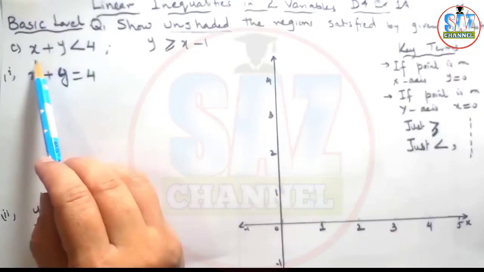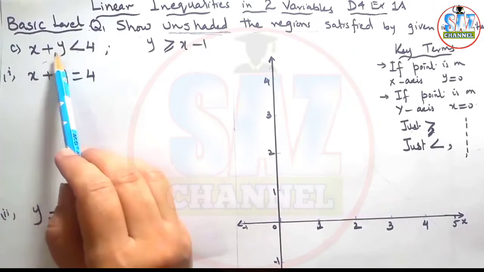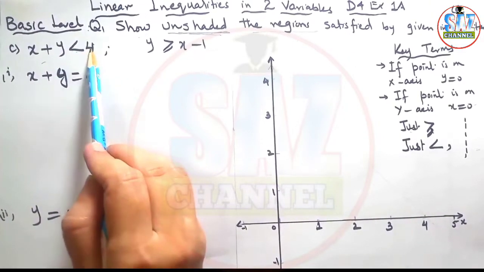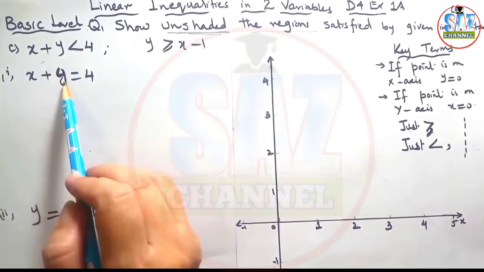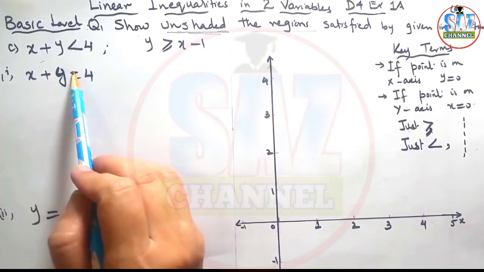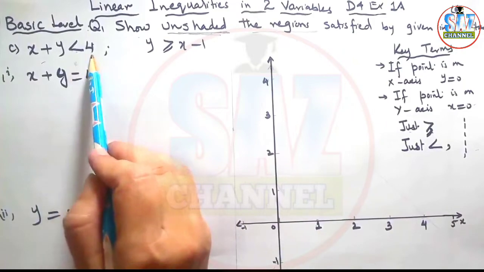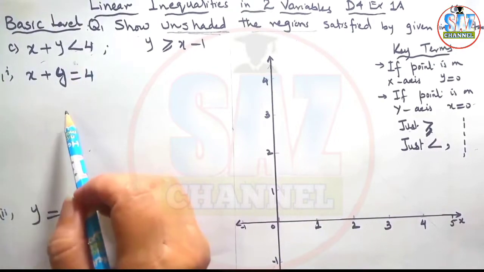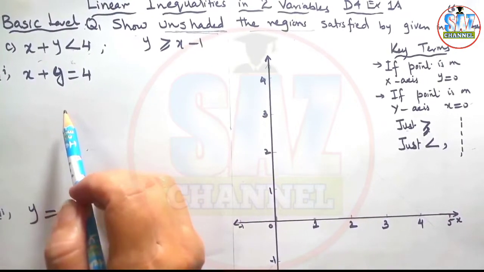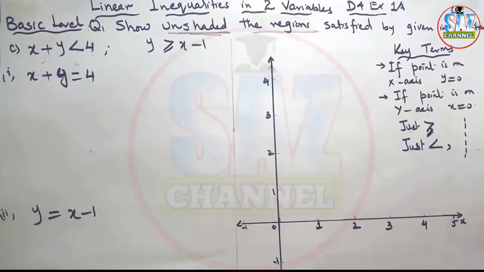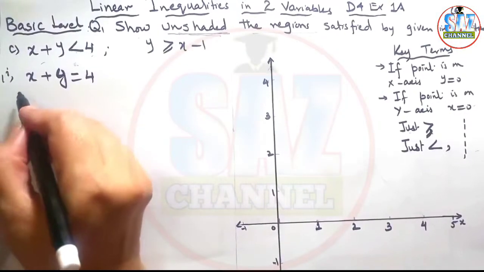The first inequality condition is x plus y is less than 4. We know that in order to plot this inequality, we have to turn the inequality sign into an equal sign, and after that we have to plot it. Now I will be plotting this line with the help of intercepts.